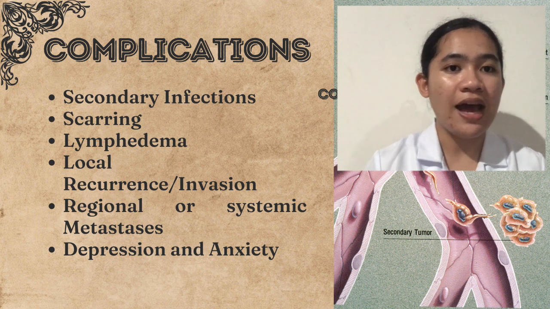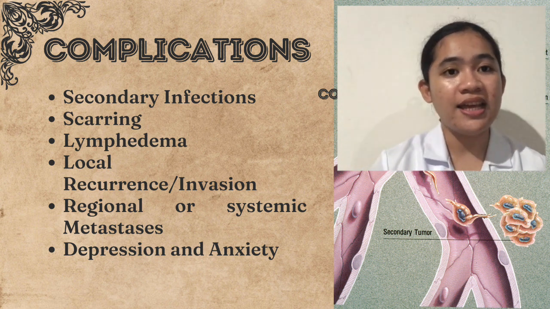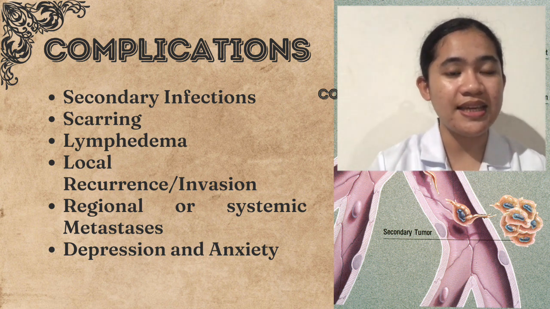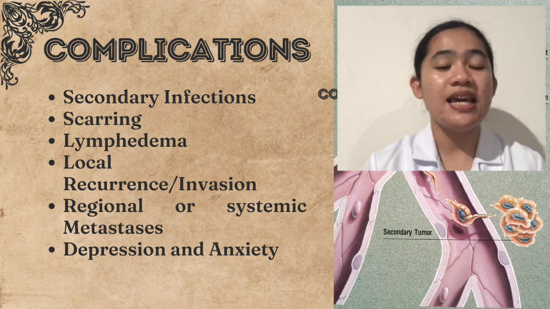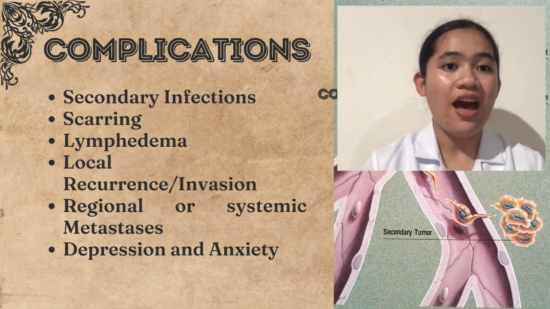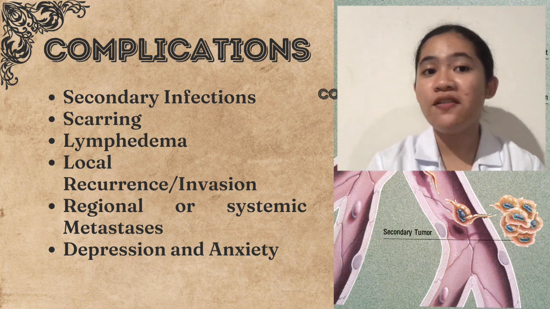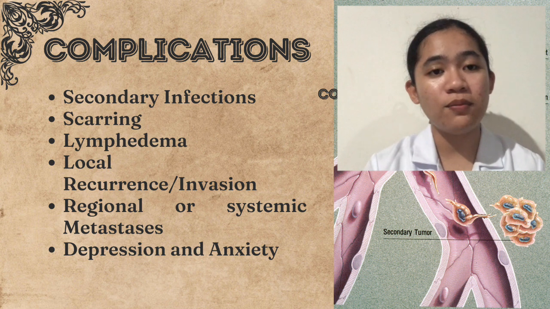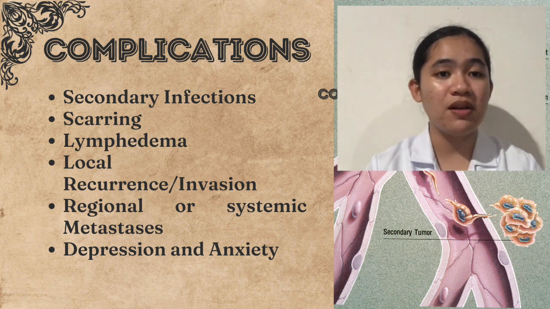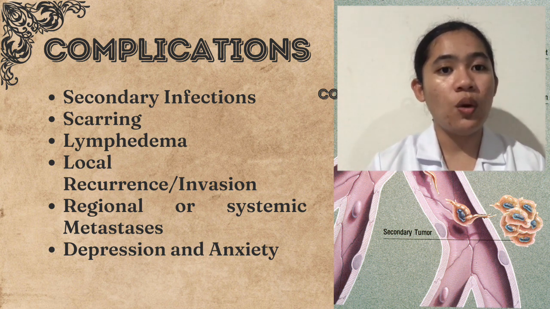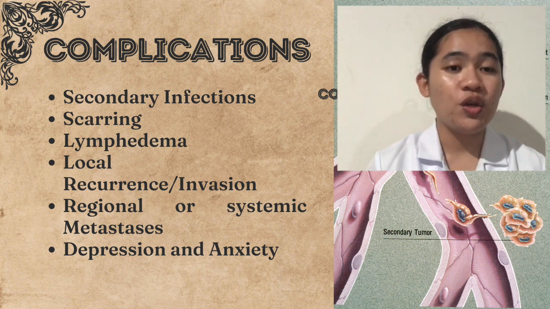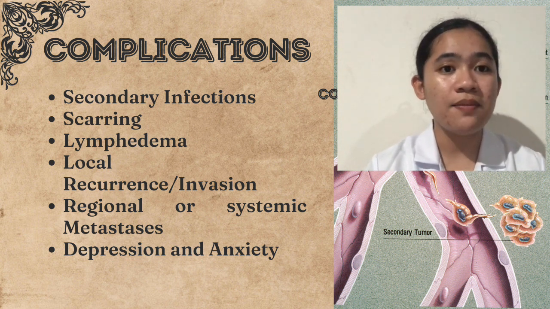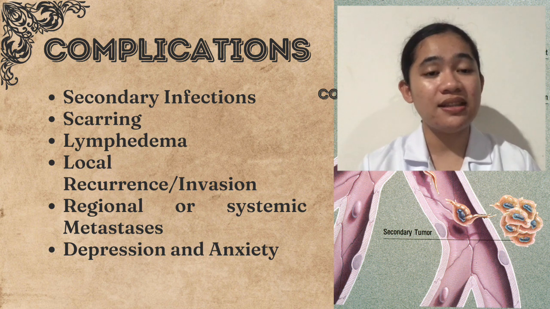And then next, we have the regional and systemic metastasis. So what is metastasis? It is when a cancer has already proliferated and spread out towards the different parts of your body and organs. It may reach your brain, your bones, your integumentary system, and your gastrointestinal system.